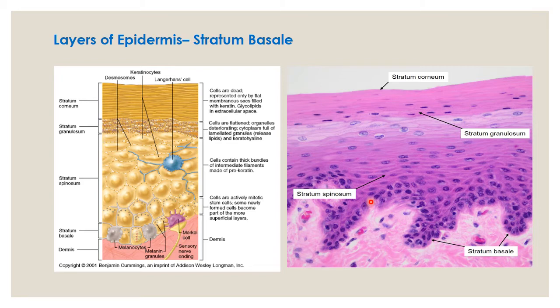The stratum basale consists of a single layer of cuboidal to columnar cells which are resting on the basement membrane at the dermal epidermal junction. The cells of the stratum basale are joined together by desmosome junctions on their lateral and apical surfaces, and by hemidesmosome junctions at the basal lamina, which connects it to the underlying connective tissue of the dermis.